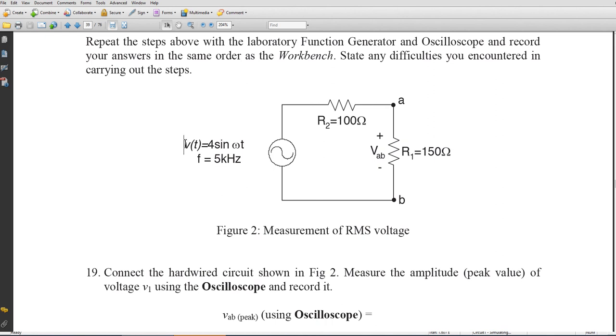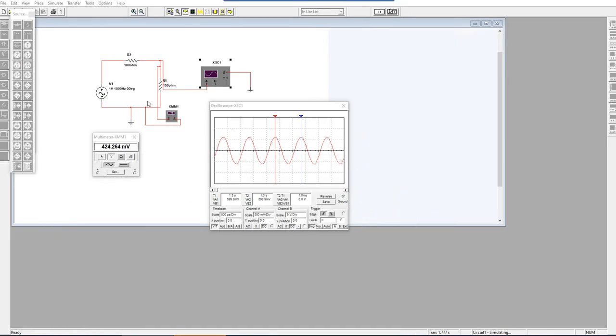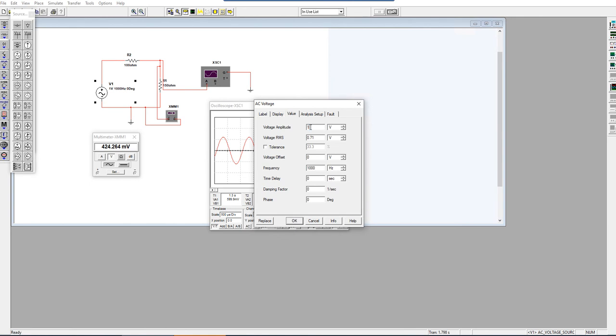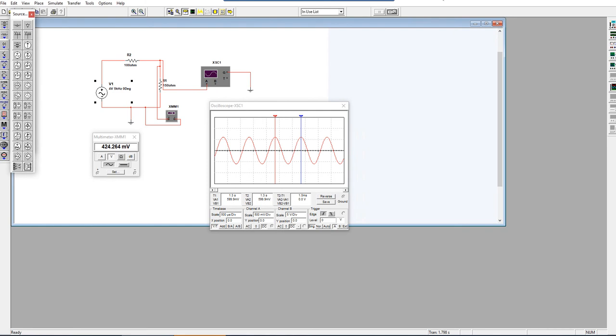Now let me check the values. The voltage given in our experiment is 4 volts amplitude with 5 kilohertz frequency, so I have to do the same here. Let me change it to 4, and then the frequency is 5 kilo. Now let me check.